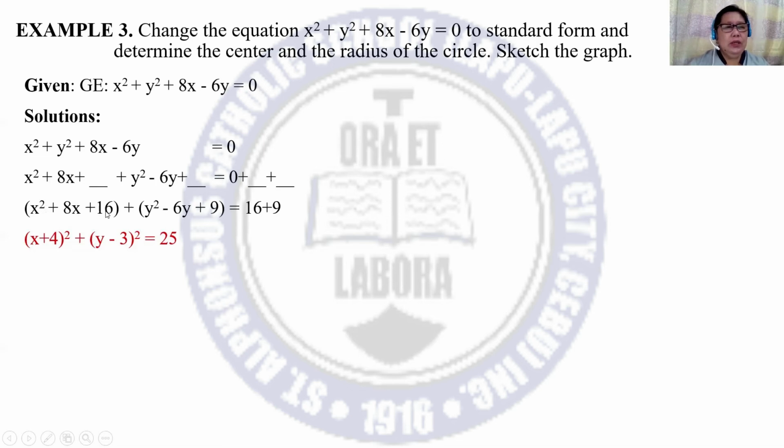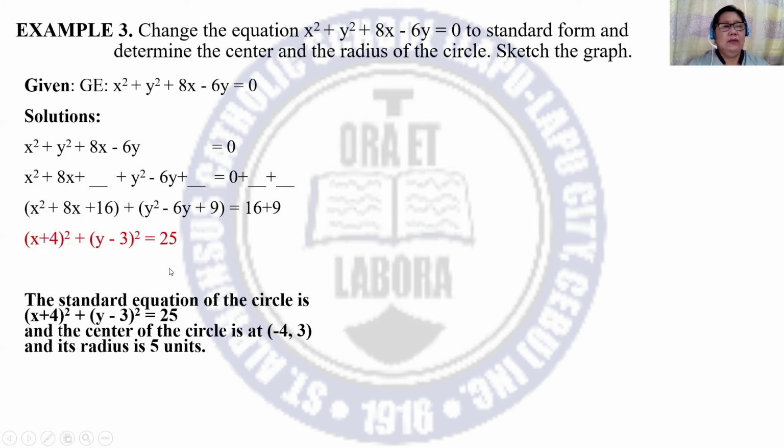Express the perfect square trinomial into the square of binomial, which is the square of x plus 4 plus the square of y minus 3. And 16 plus 9 is equal to 25. So the standard equation of the circle is the square of x plus 4 plus the square of y minus 3 is equal to 25.